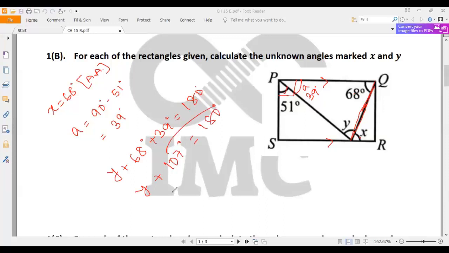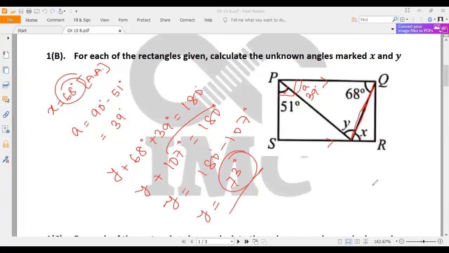If I move 107 degrees to the other side, we need to subtract 107 from 180. Then our final answer for y will be 73 degrees. So the value of x is 68 and the value of y is 73 degrees.